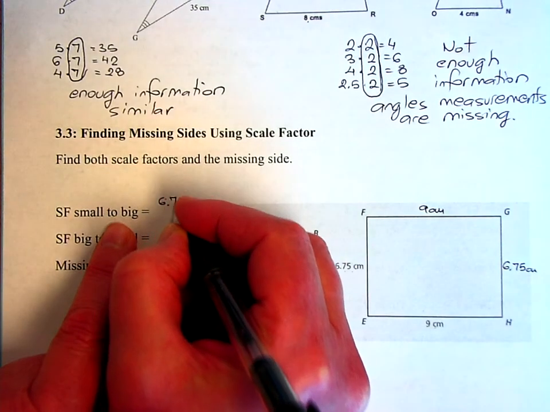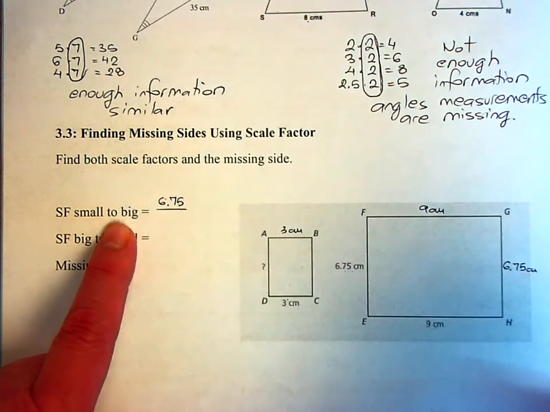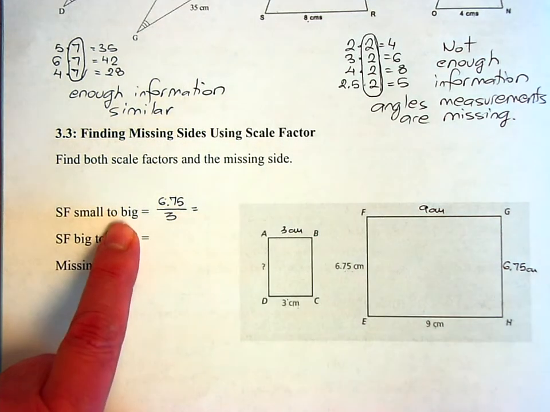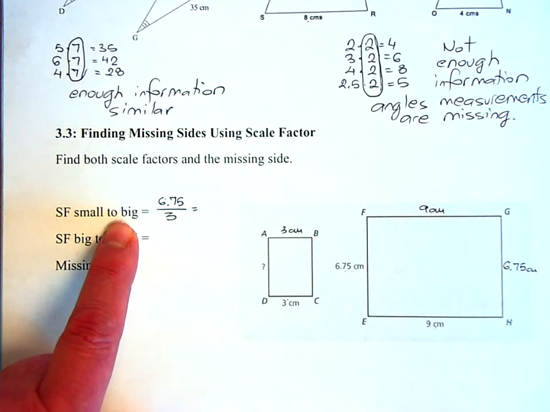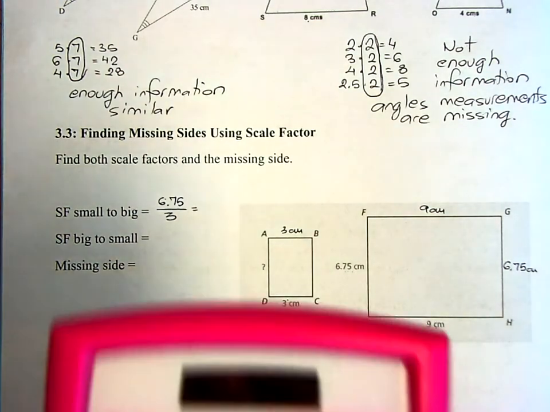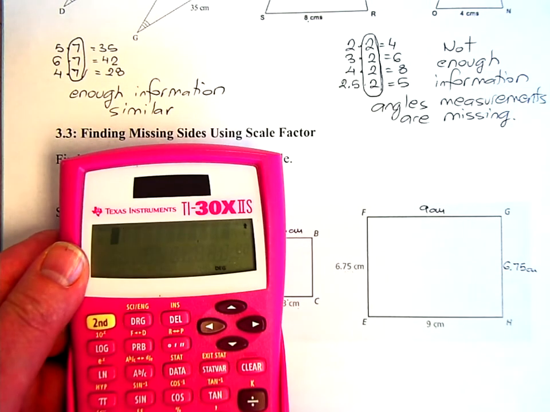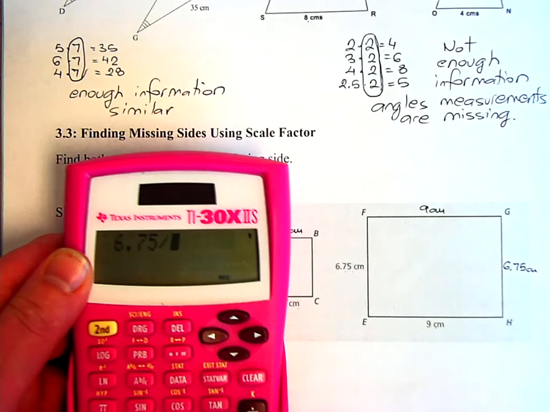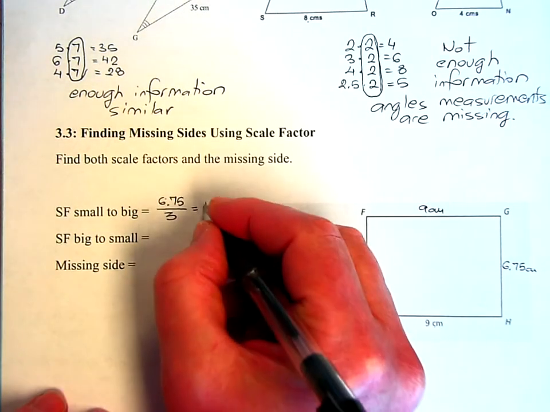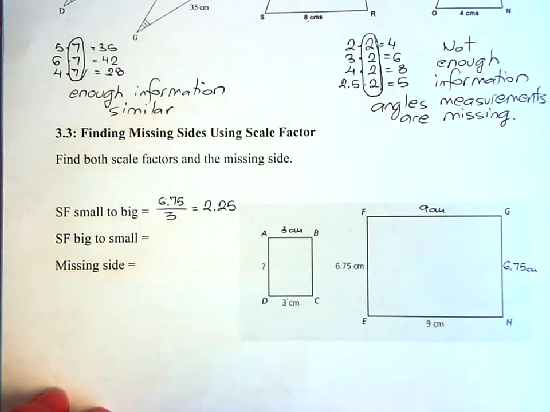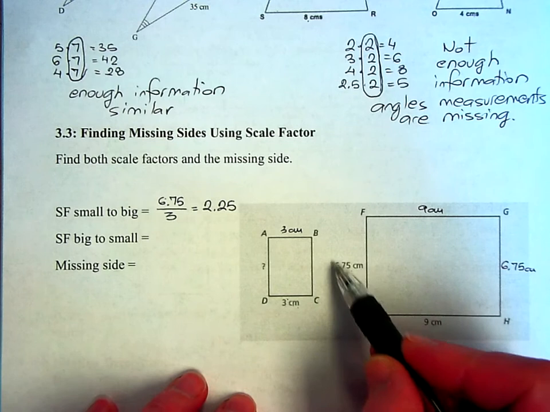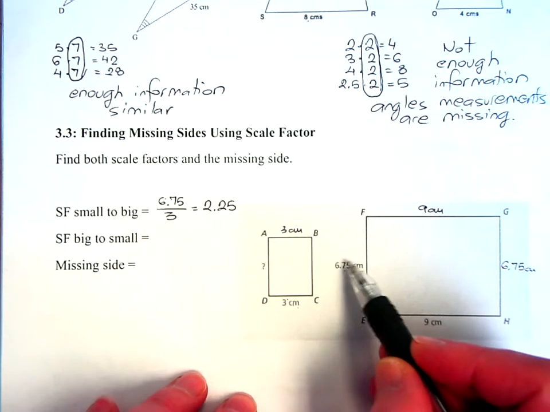So 6.75 over 3. If I want to change it to a decimal, that's just fine. 6.75 divided by 3, I get 2.25.